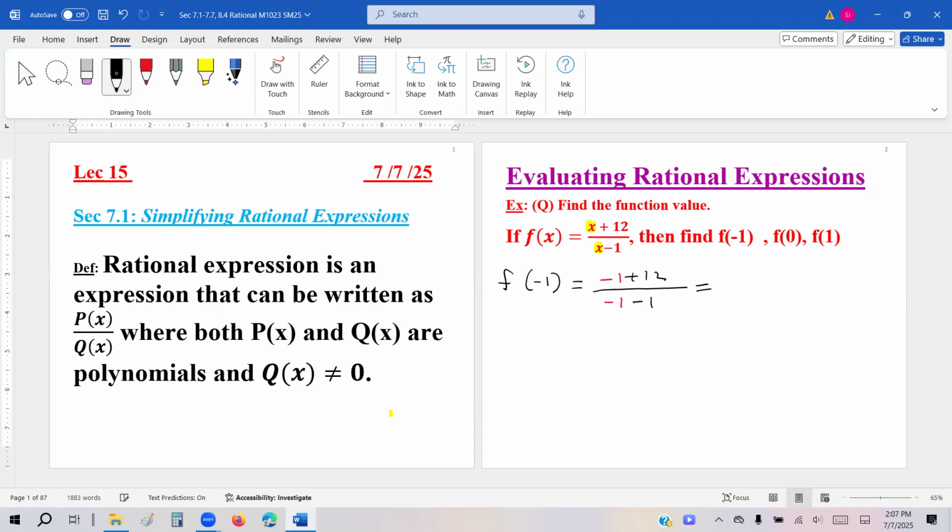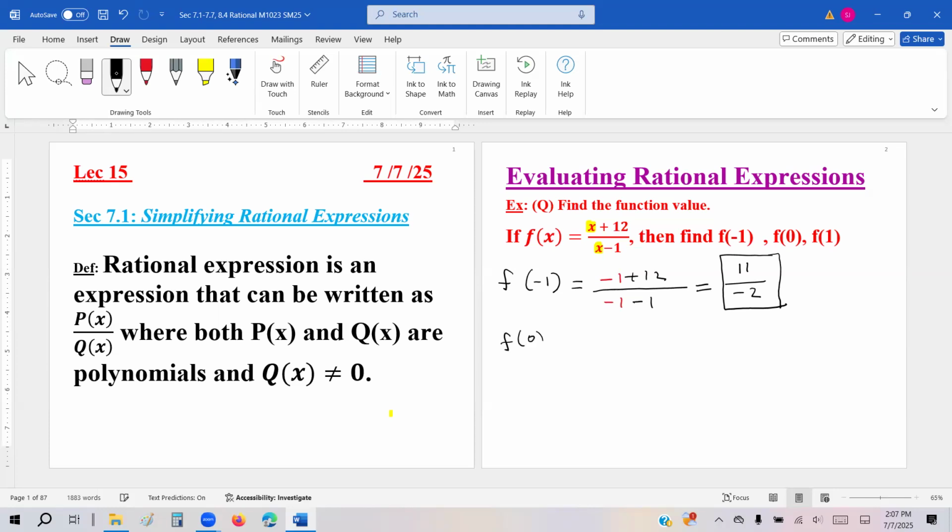And then you do the math. What is -1 plus 12? 11. What is -1 minus 1? -2. Can you divide 11 by 2 evenly? No, so you can stop. If you can divide evenly, you have to divide. If you cannot divide, just leave it. But if it's simplifiable, like let's say it was 10 over 2 or anything else, you have to simplify.